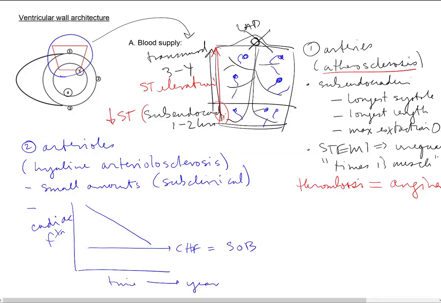So when you look at the tissue architecture of the ventricle and you put the blood supply on it, be very clear in your mind that arteries, atherosclerosis, thrombosis to angina is very different than our arterioles, which is hyaline arteriolosclerosis, below pain threshold, presenting over long periods of time with the shortness of breath of congestive heart failure.